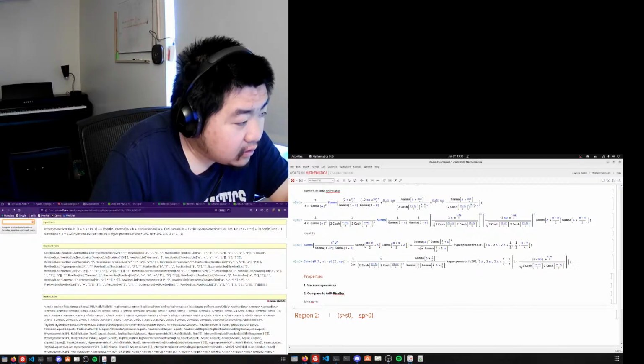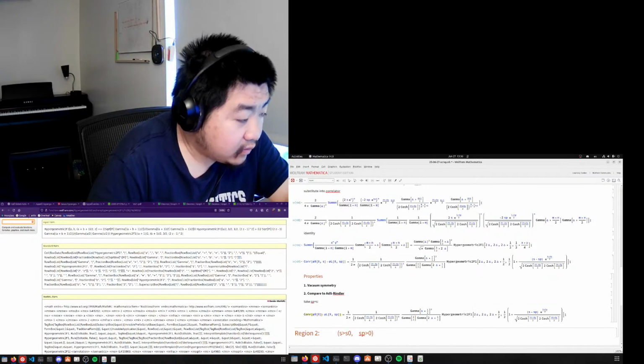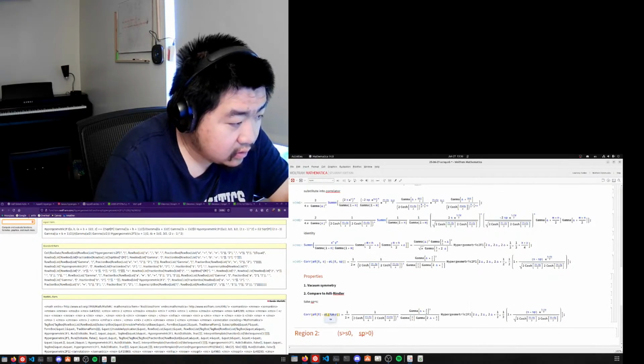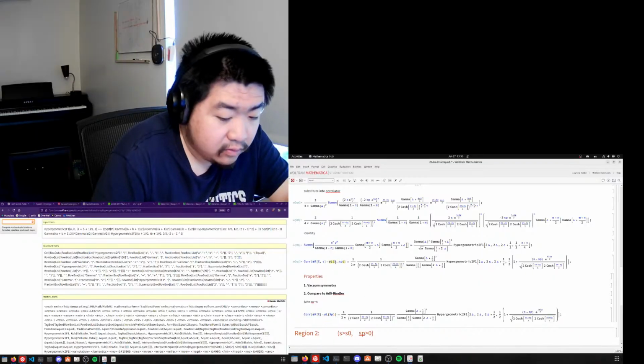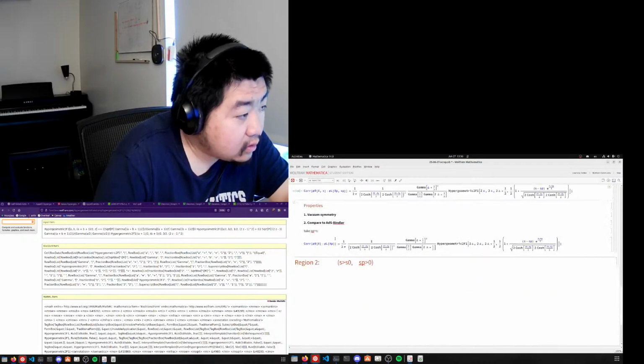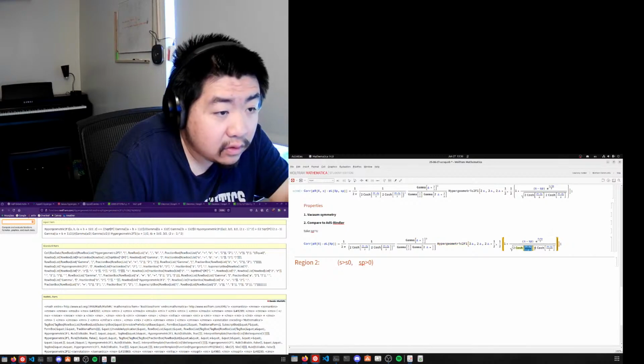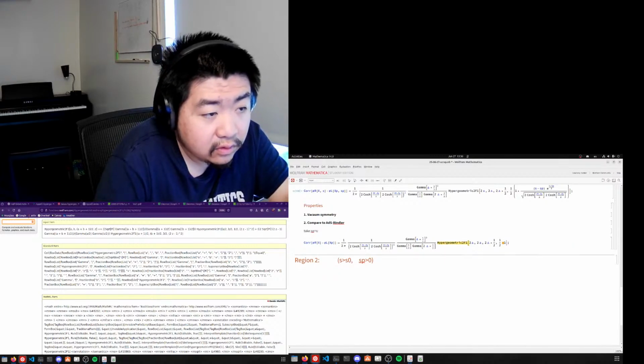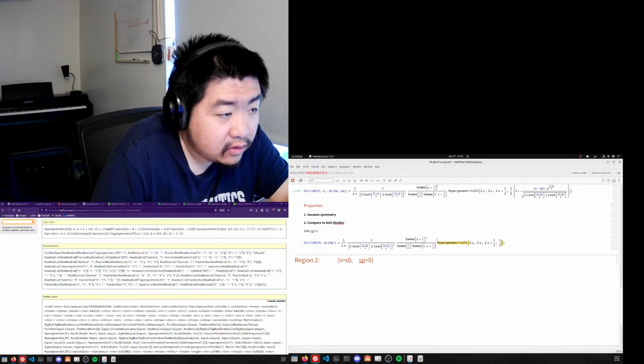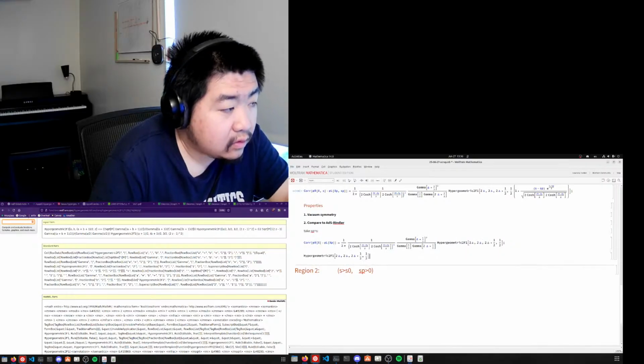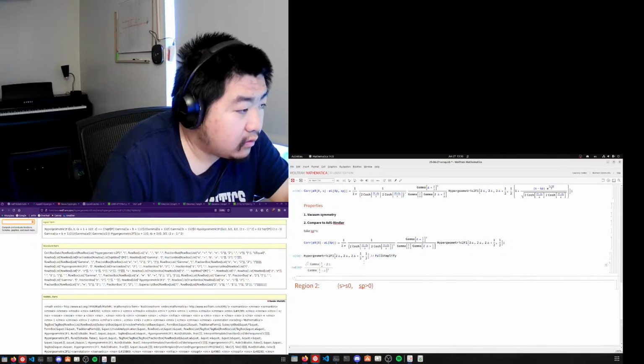Then what you get is just the ordinary left-right correlator. Should be good. This is 0. And there should be an identity for this. Very nice.